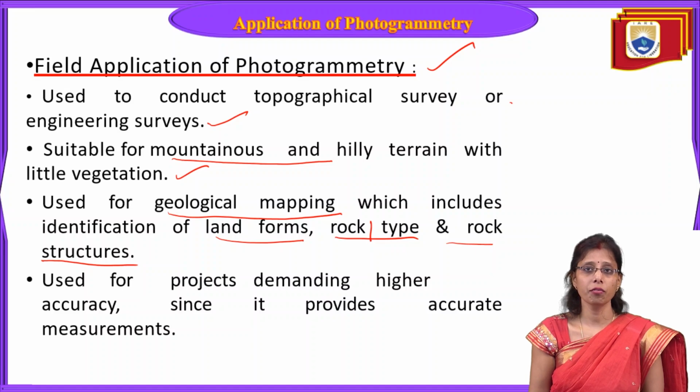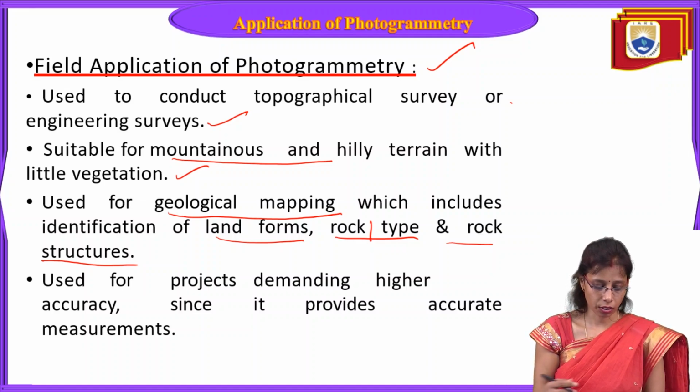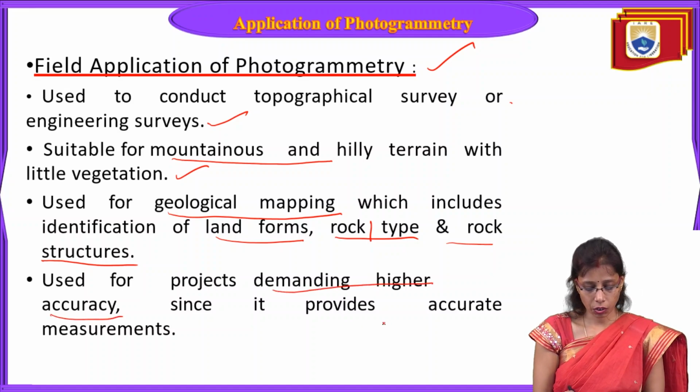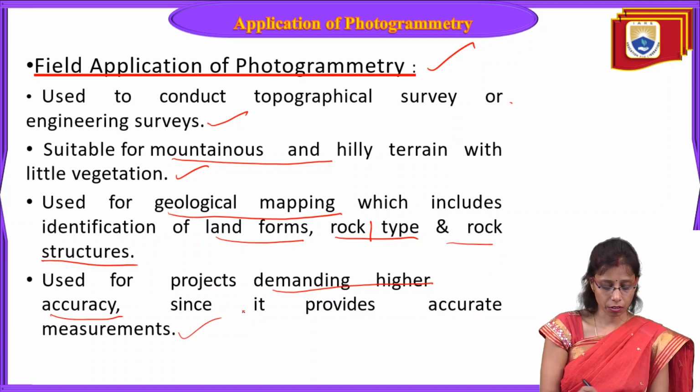And later it is helpful in geological mapping, different types of thematic mapping we can do with the different kinds of rock and rock structures. Now it is used for projects demanding higher accuracy, since it provides accurate measurements.